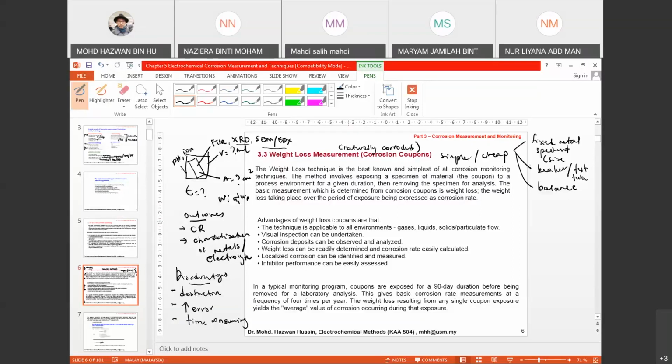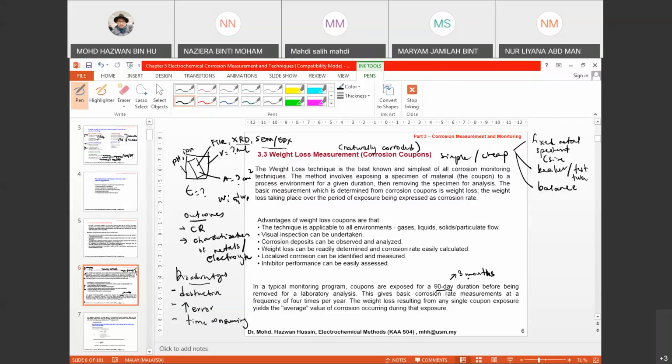In a typical monitoring program, the coupons are exposed for 90 days, which equals 3 months. Okay, quite long, before being removed for laboratory analysis. But of course, this depends on the size, the thickness, and everything.